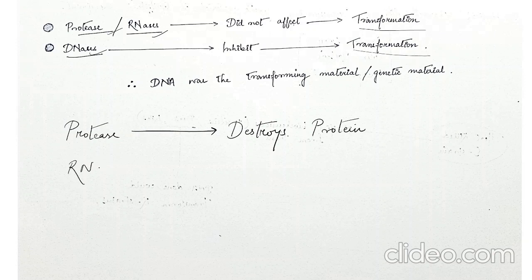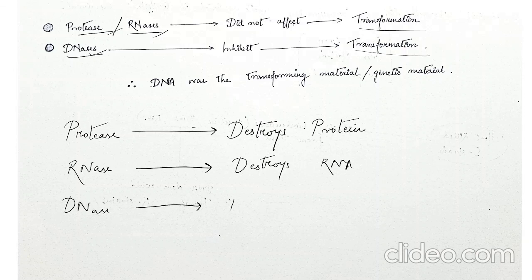Similarly, RNase is something which destroys RNA. On the other hand, DNase is something that destroys DNA.